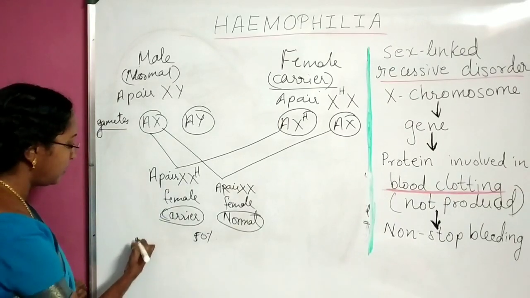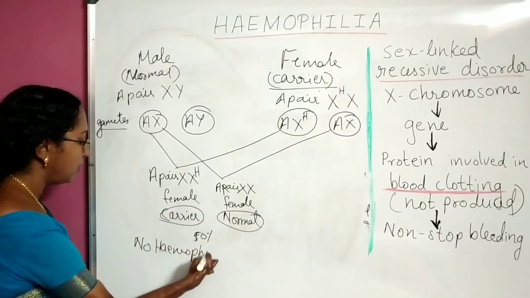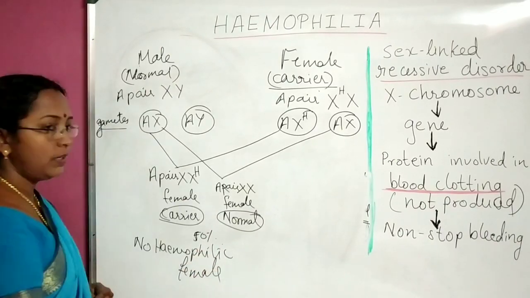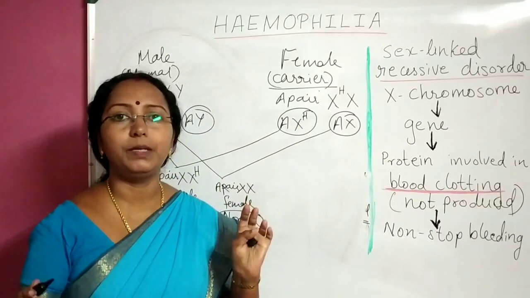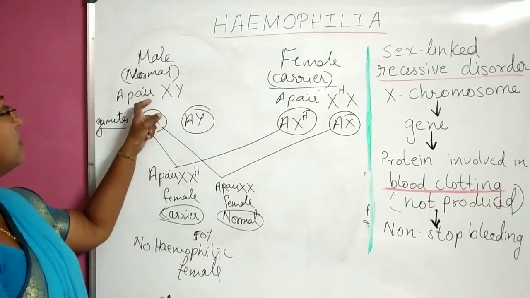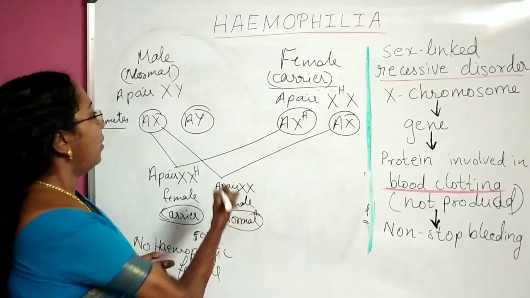So here in this case, no haemophilic female. In the previous case we have written no normal female, and in this case there is no haemophilic female because male X chromosome is normal. Now next gamete.